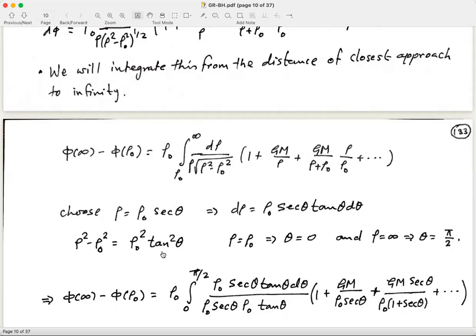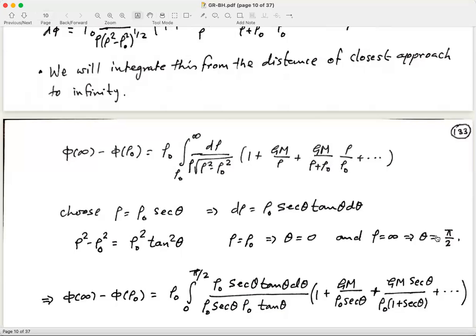When rho is equal to rho naught, you get theta equal to 0, because at that point this quantity has to vanish. When rho goes to infinity, rho squared minus rho naught squared is infinite, and in that case theta goes to pi by 2.